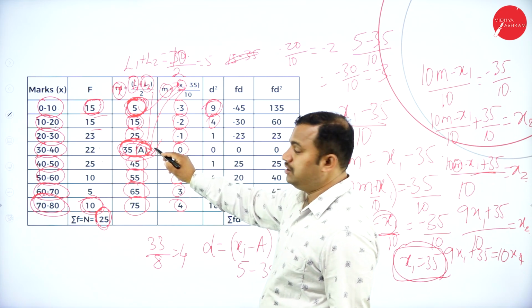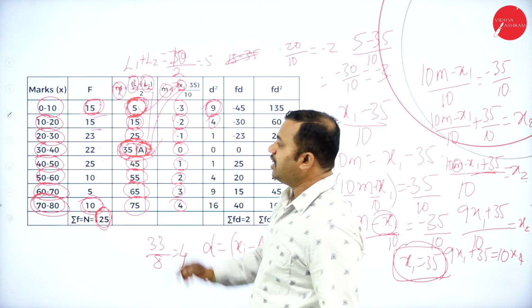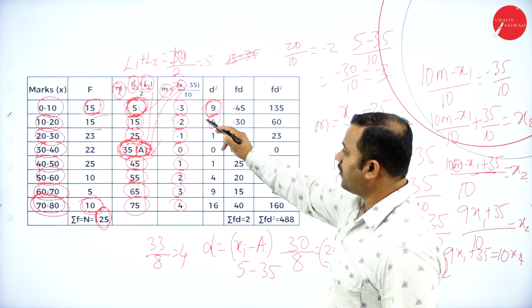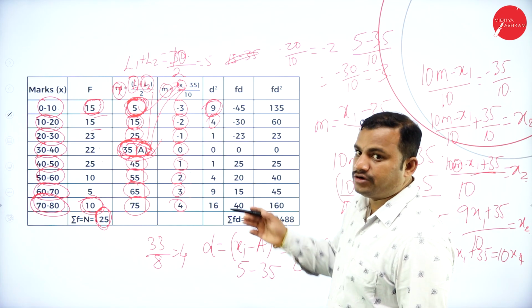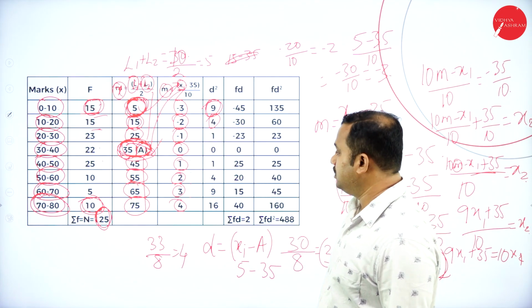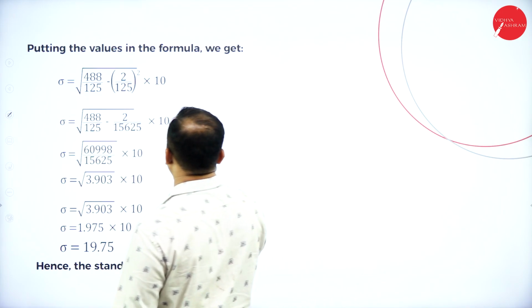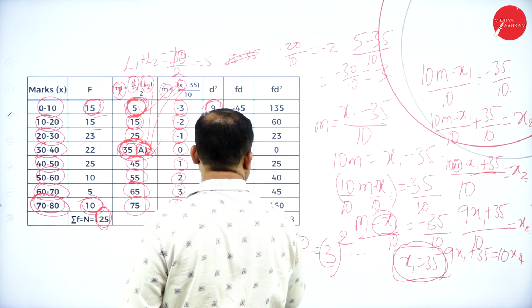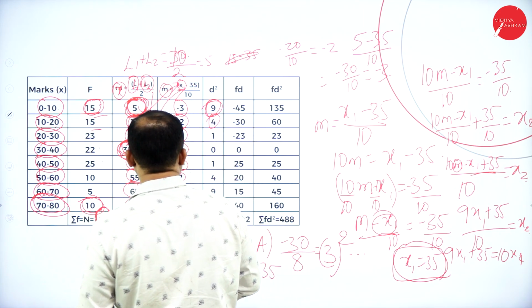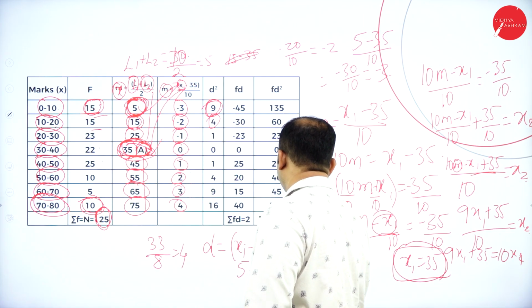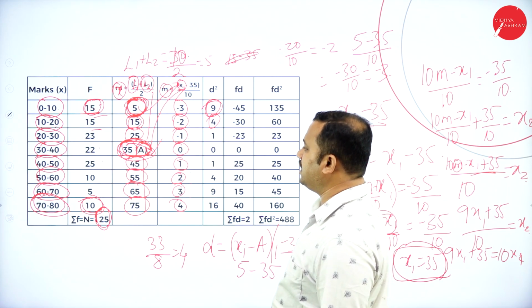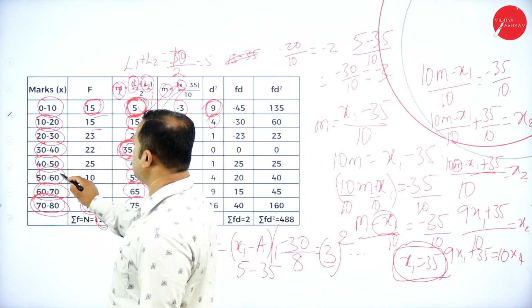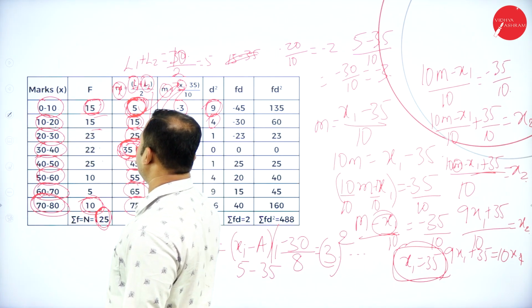If you see that the value of xi is equal to 5, 5 minus 35 is obviously minus 30. That is this minus 30 divided by interval. What is that interval I? I states that we have total intervals 1, 2, 3, 5, 6, 7, 8 we have.